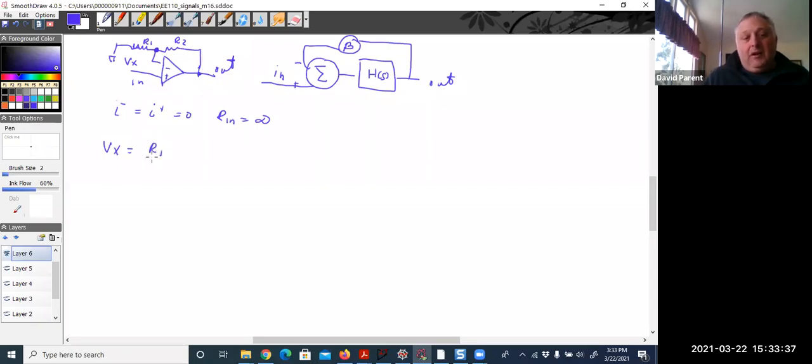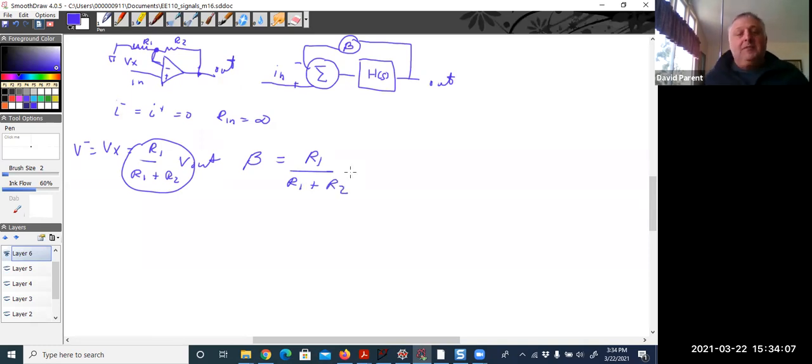So it's R1 over R1 plus R2. And since that's the voltage, if Vout is being scaled by some value, right? And V minus equals Vx times Vout, then beta is really just that voltage division equation.